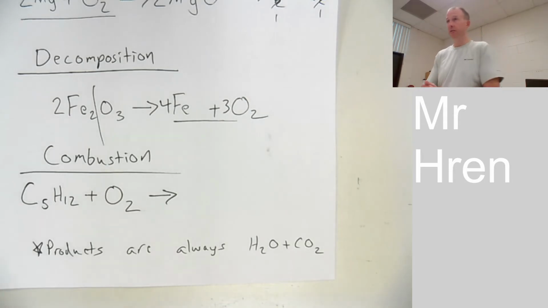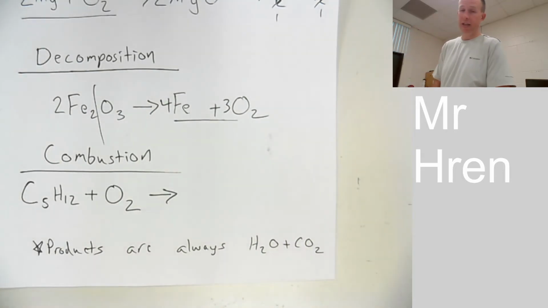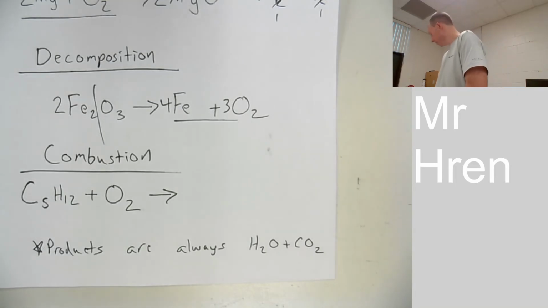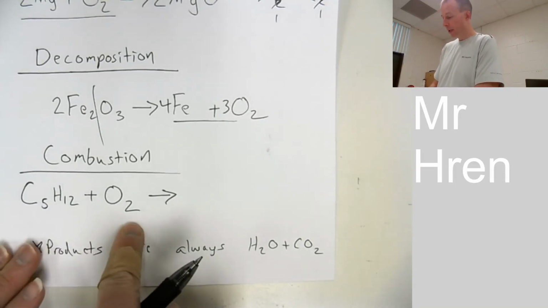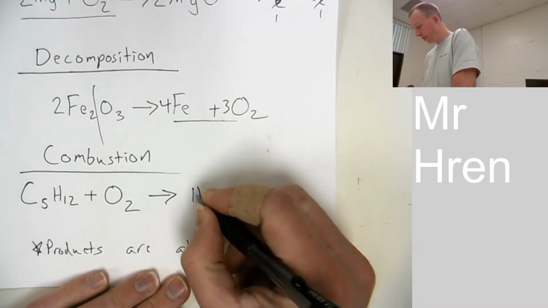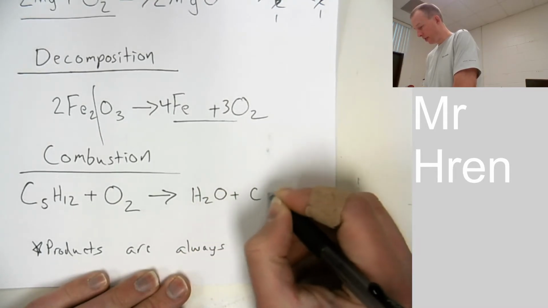Think of natural gas: you light your stove, and the chemical products given off are water vapor and carbon dioxide gas. I know it seems kind of weird, you're like, fire, how does it make water? But it does. It's not really liquid water, it's just water vapor.